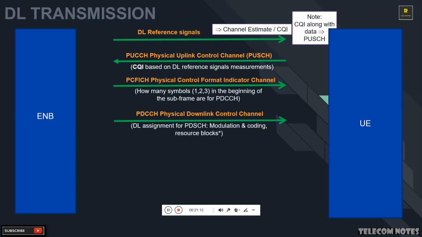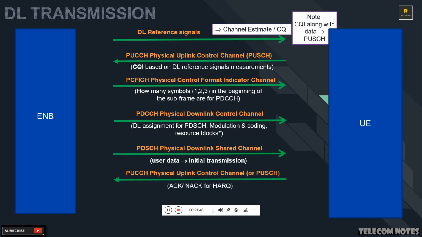From PCFICH, the UE decodes PDCCH, the DL assignment for PDSCH, that is the modulation and coding scheme and the resource blocks having that information for your particular UE. So from PDCCH it decodes PDSCH, physical downlink shared channel, that contains the user data initial transmission.